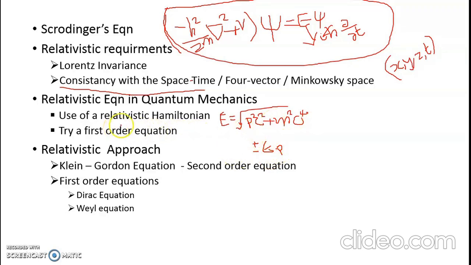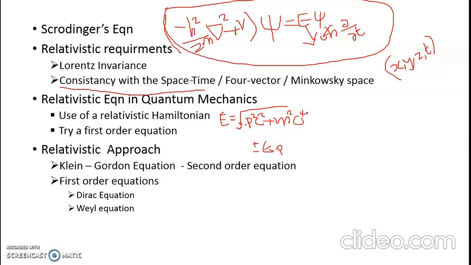Of course, there has been a first trial for a relativistic wave equation in this format, making use of a relativistic expression for energy, and with the help of the third fundamental postulate in quantum mechanics, the corresponding quantum mechanical operator, the Hamiltonian operator, could be obtained. Schrodinger himself made that trial.